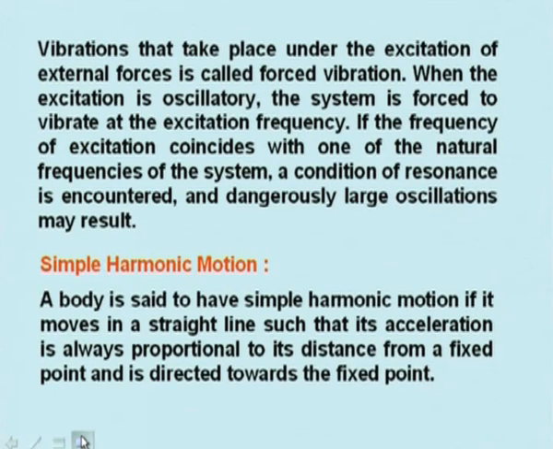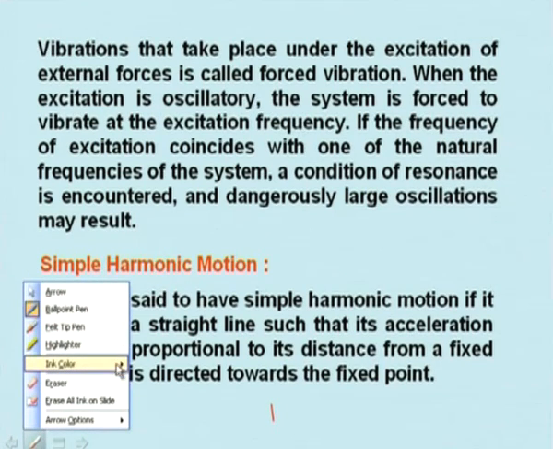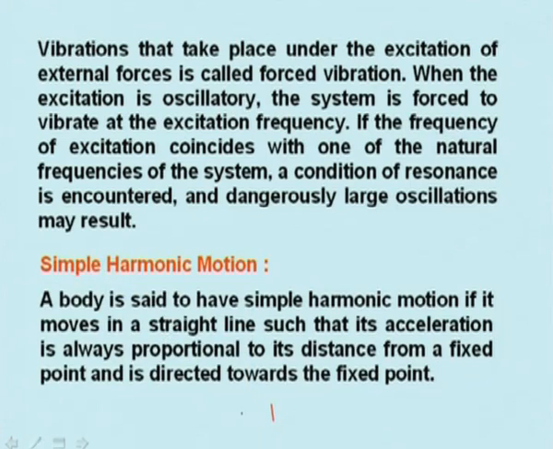In this, let us pay attention to each and every part. The body has to move in a straight line. That means if you have a spring mass system like this, the mass may vibrate like this, it moves in a straight line, therefore this is satisfied.